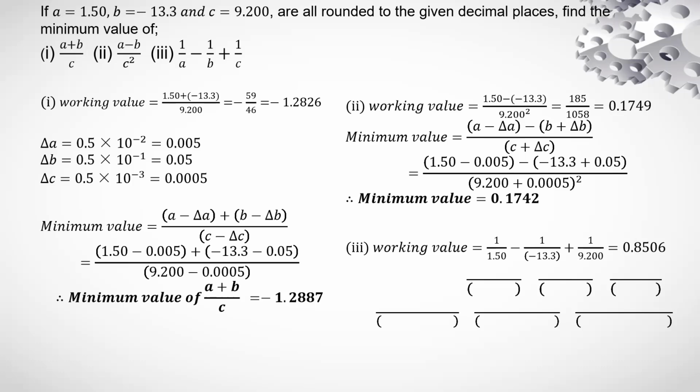So to maximize A, I have to add delta A. Then to maximize 1 over B, or to minimize 1 over B, I am going to make B more negative.